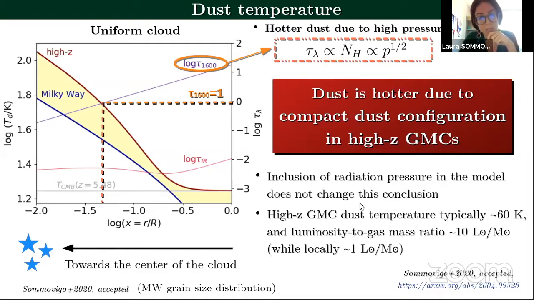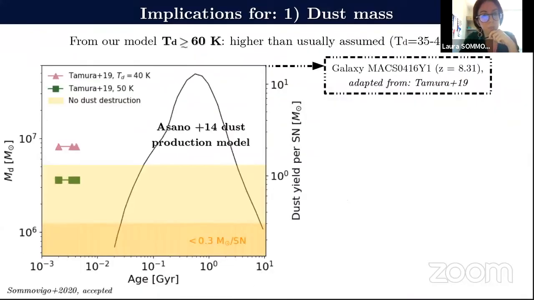This is the basic setting of our model. We also include the effect of radiation pressure, and we see that these conclusions do not change. And we find dust temperature as large as 60 Kelvin and above within our high redshift cloud, and a luminosity to gas mass ratio of around 10 solar luminosities over solar masses, which is 10 times higher than what is observed in local clouds, which is also consistent with what we get for our simulated local cloud.